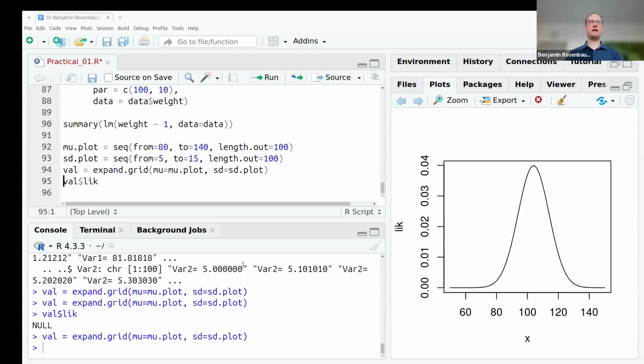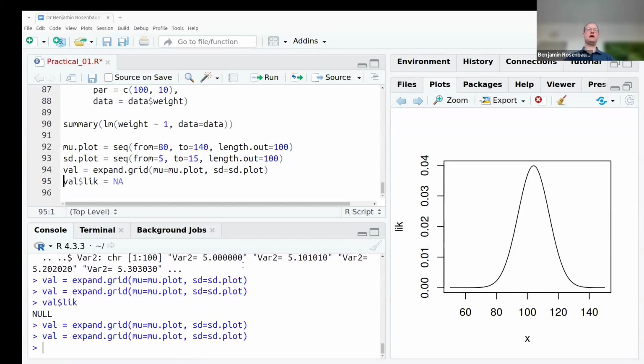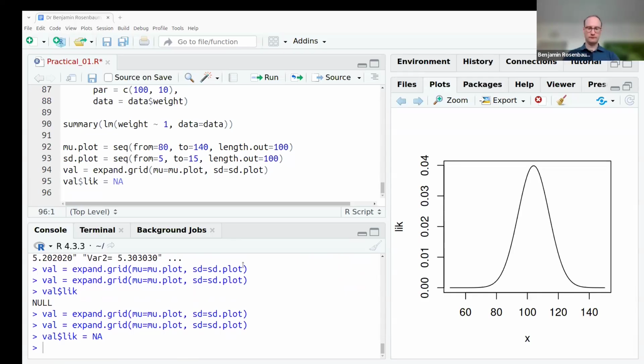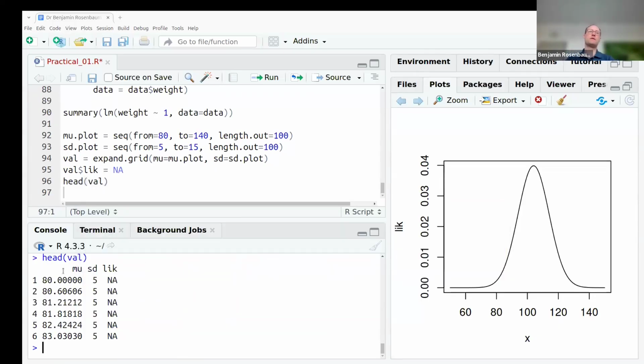Sorry, I have to initialize this as NA. So this is what I created. So this will contain all the mu values. This will contain all the SD values. And here I will compute now all the likelihood values. And I can use this for plotting.